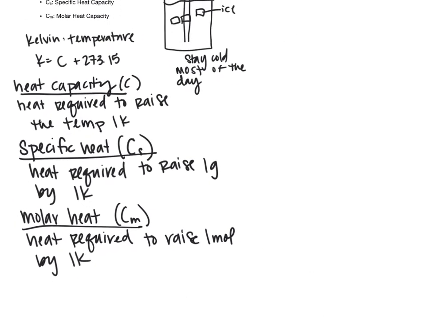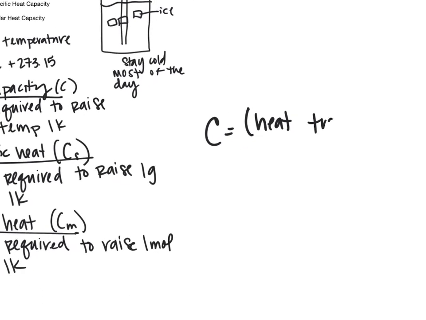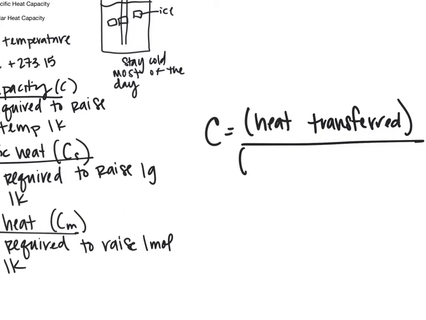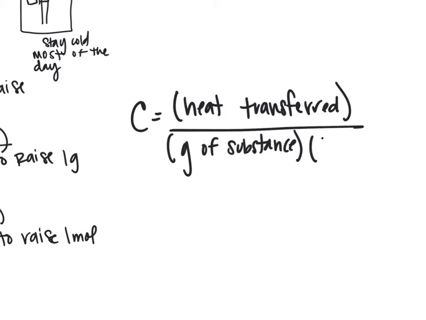So in general, specific heat, or C, is calculated by the heat transferred divided by the grams of a substance, or moles, and it will be also multiplied by the temperature change.